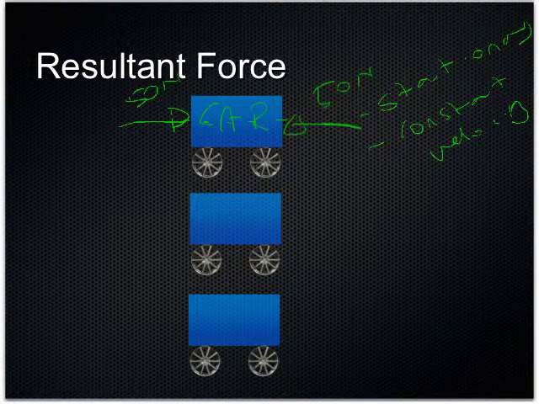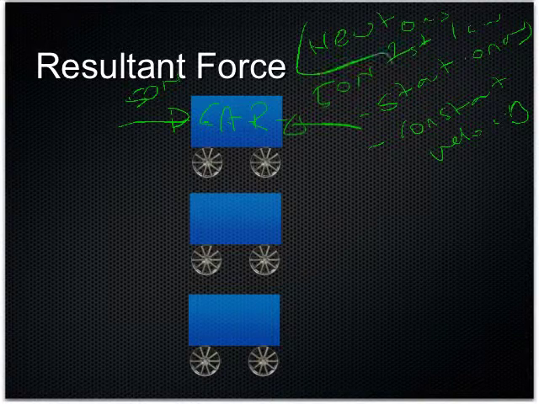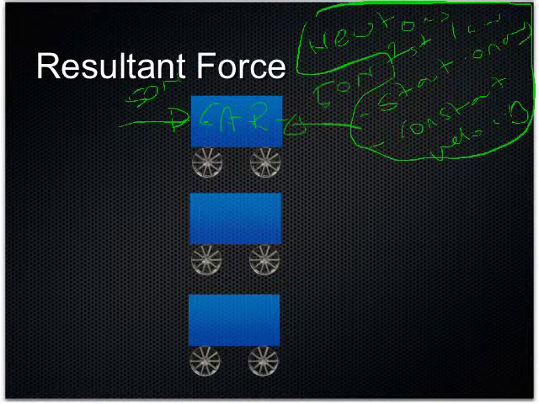Now this is Newton's first law. Essentially, an object that has balanced forces will either be stationary, stopped, or it will continue at a constant velocity.